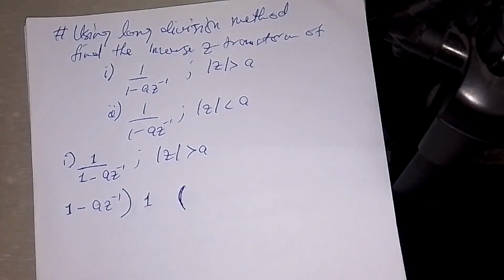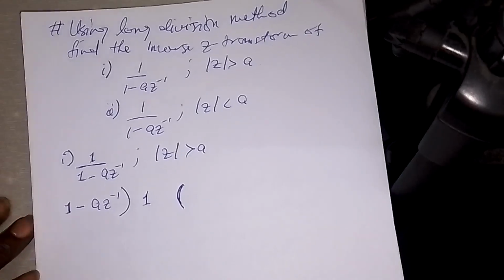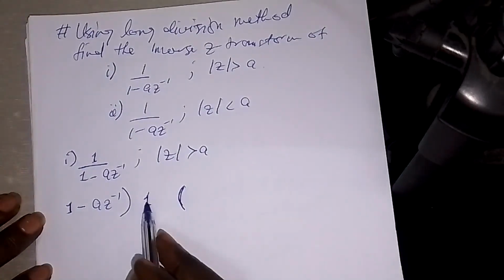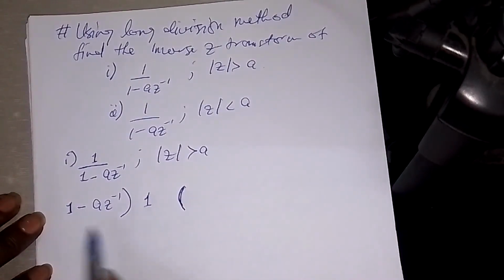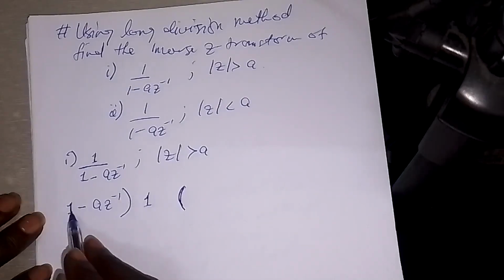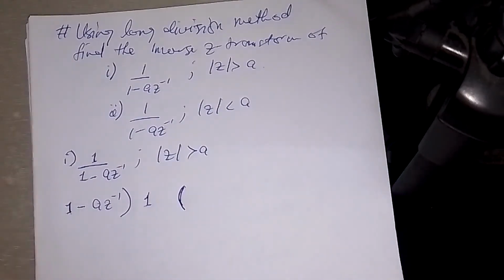How do we deal with this? We're going to look for a number which, when we multiply it by this one, will give us this one, or we're going to divide this one by this one. That is simply what it means. So let's get a rough sheet and see how we can deal with this.